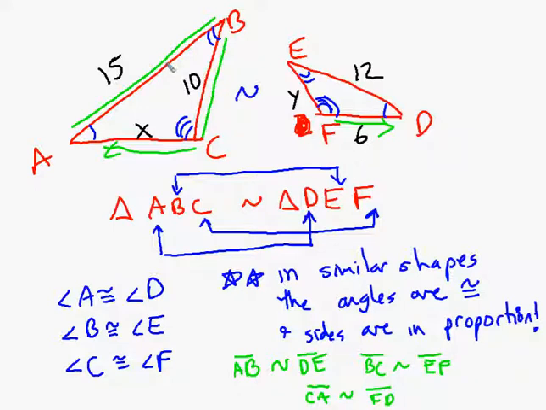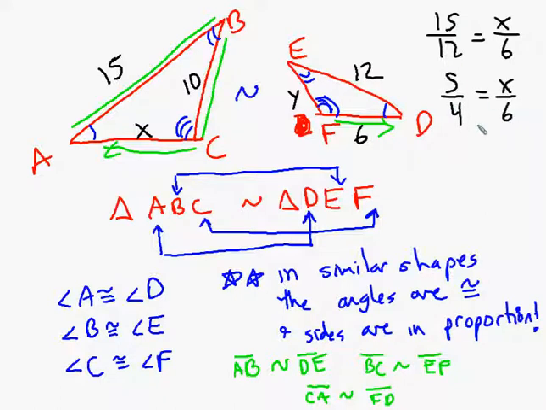Okay, so suppose I wanted to find x. How would I do it? Name one way to find x. Use a proportion. Okay, set it up for me. 15 over 12 equals x over 6. Yep, 15 over 12 equals x over 6. I could reduce that if I wanted. You don't have to.